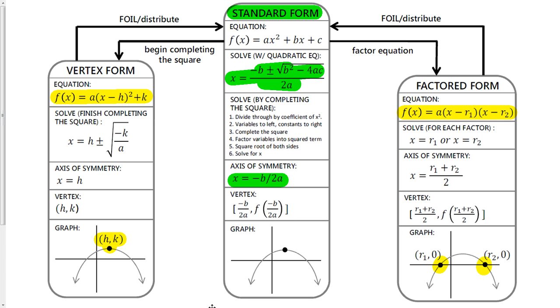Again, remember on an exam that you don't always have a choice of which technique to use, but when you are given a choice, when it just says solve, find the easiest path to solve. When it just says find the vertex, find the easiest path to the vertex. Make sure that you're converting between forms correctly, whether it's through foiling, factoring, or completing the square. And hopefully this will benefit you as you go forward.